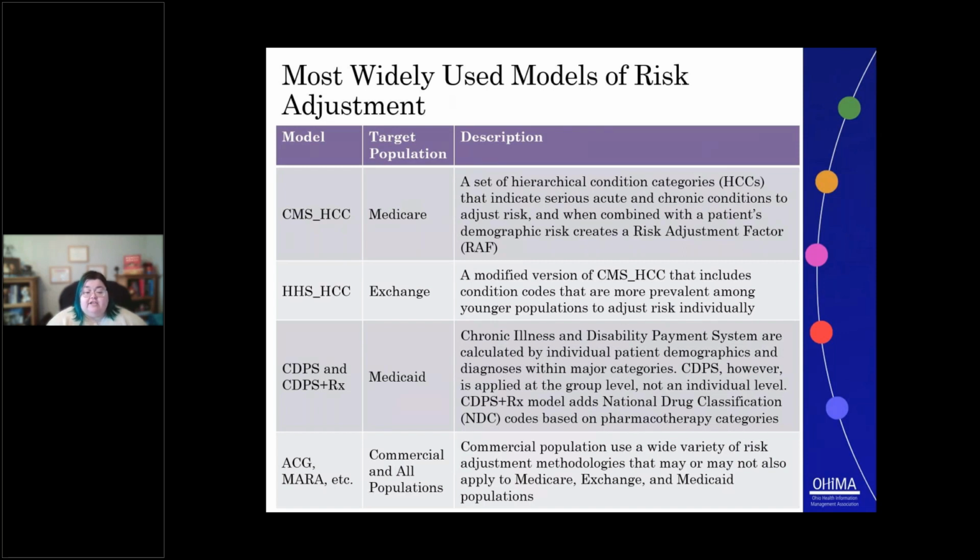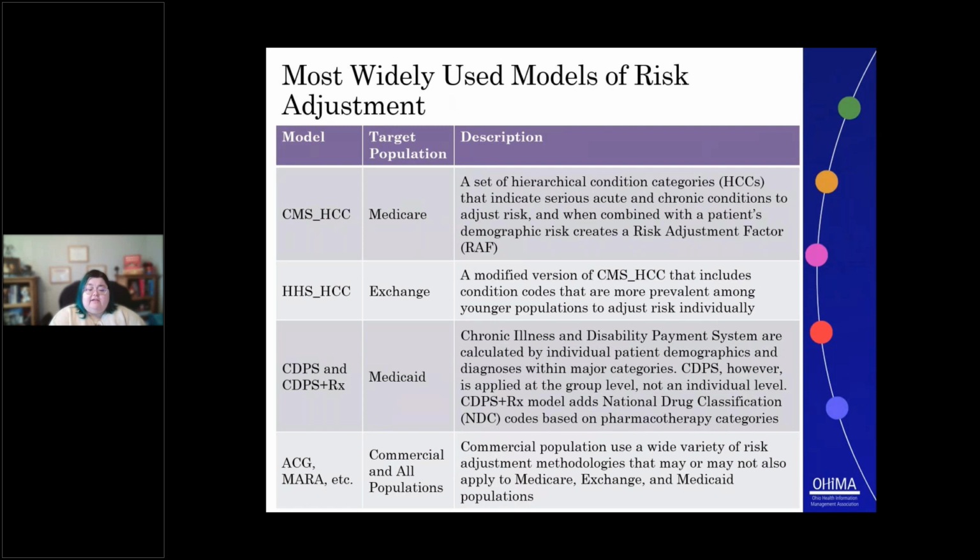Examples of those additional HCC codes include infant, children, and obstetrical conditions that aren't prevalent in a Medicare population. HHS HCCs are comprised then of 254 individual codes, and it includes pharmaceutical NDCs and the underlying code sets that make up each one of those. Pharmaceuticals are not included in the CMS HCC models.